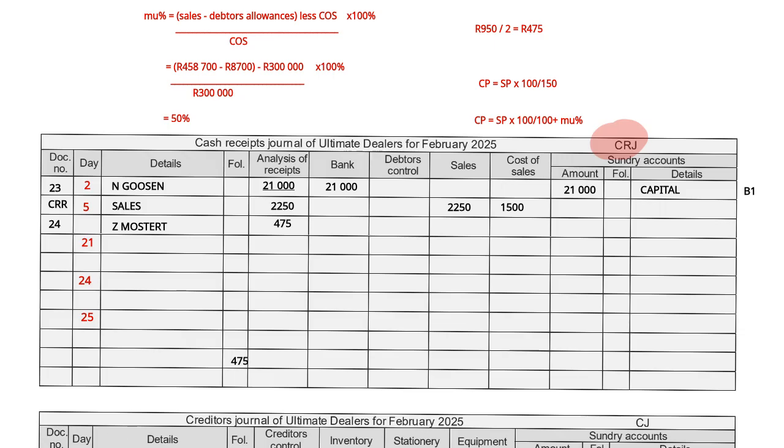In debtors control, we are going to put 475 because Z Mustard is a debtor. Remember, he is debtor 1, so in folio you put D1. And now we can go bank it, because that's the last entry for the day. So we say 2250 plus 475 gives us a total of 2725 in bank.